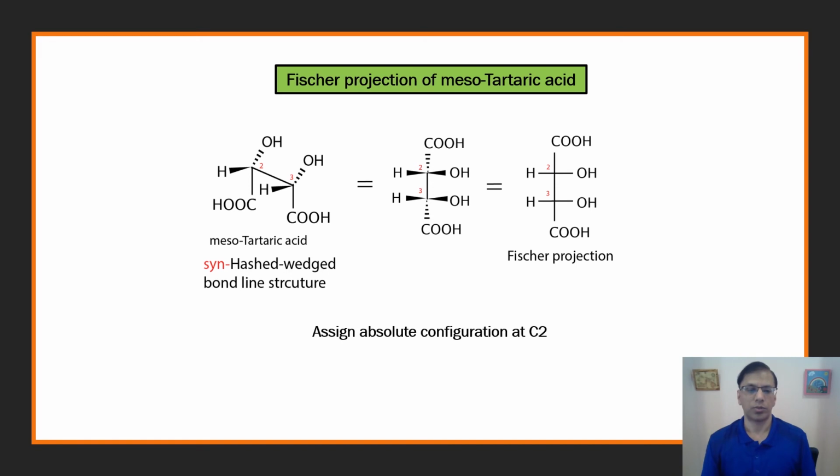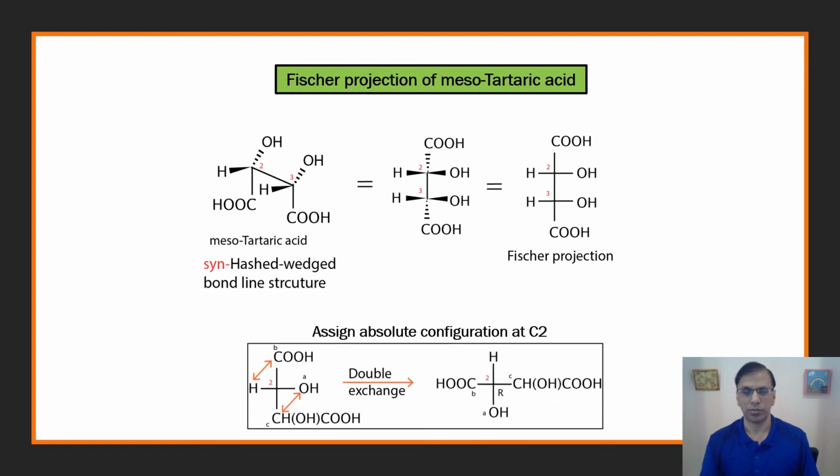Let's see how to assign the absolute configuration about carbon atom 2. Here in this molecule, you have two chiral centers, but we'll focus on carbon atom 2. So we'll use the same set of rules. We will write the carbon atom 2 like this.